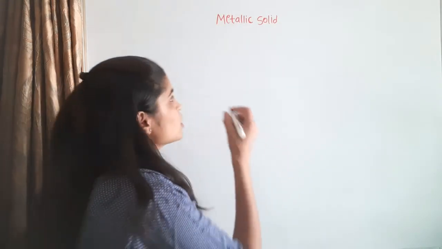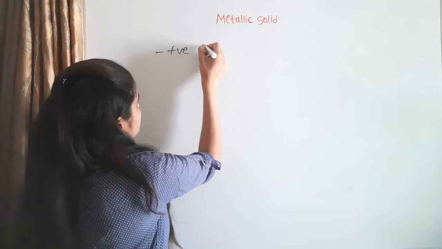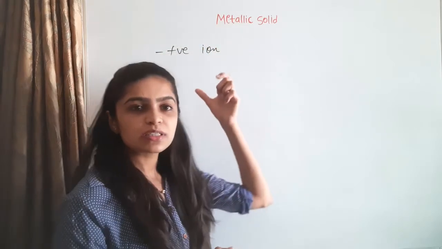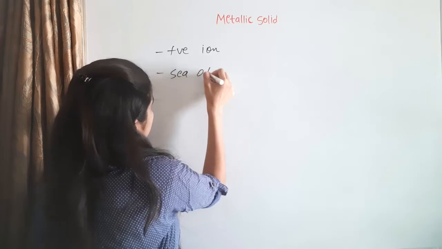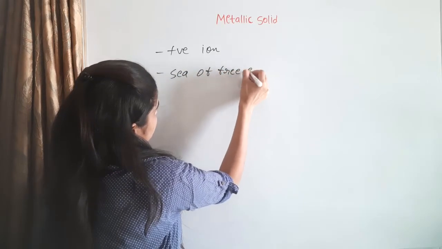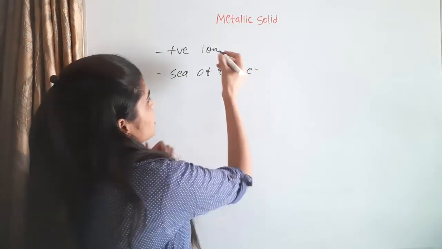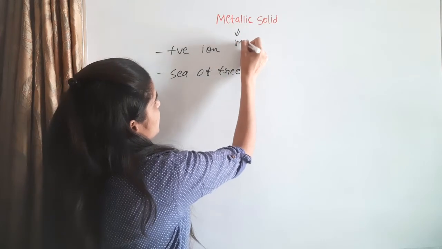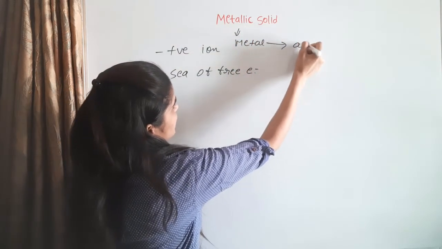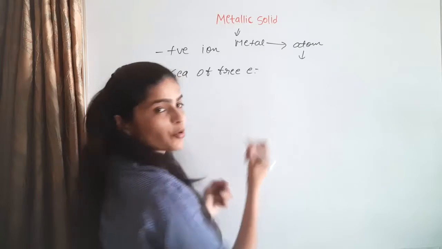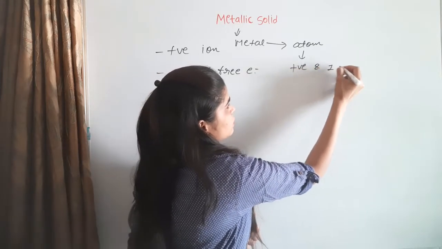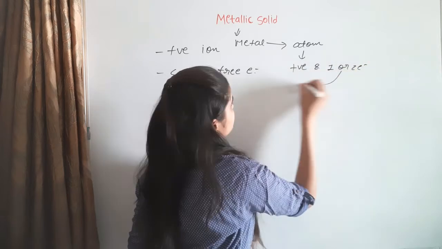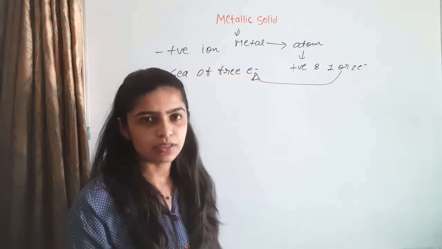In the metallic solid, the constituent particles are positive ions immersed in a sea of free electrons. In a metal, all atoms produce positive ions and give 1 or 2 electrons to the sea of electrons.